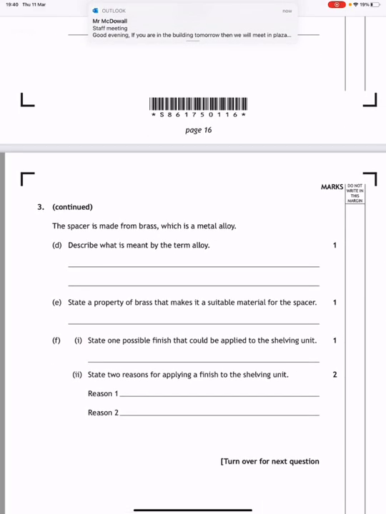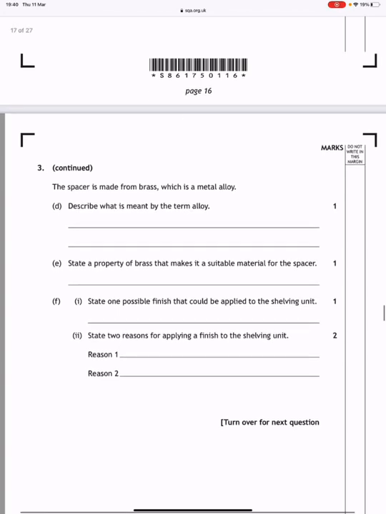The spacer is made from brass, which is a metal alloy. Describe what is meant by the term alloy. Well, alloy is where you combine two metals together to produce another metal which has better overall properties. State the property of brass which makes it suitable material for the spacer.